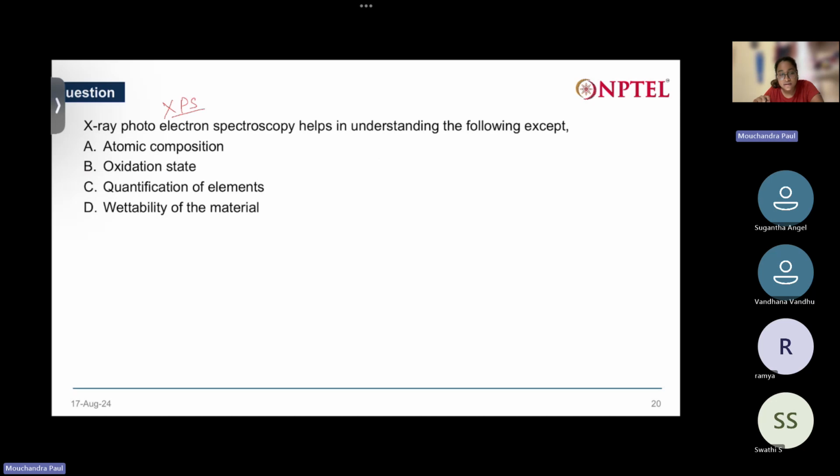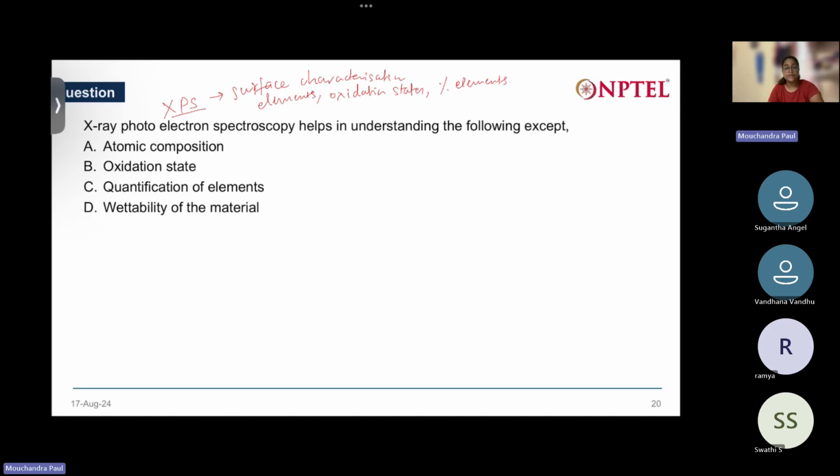XPS is a technique that again helps in surface characterization. Please note, surface characterization. Here we try to understand what elements are there on the surface, what their oxidation states are, what is the percentage of these elements present.